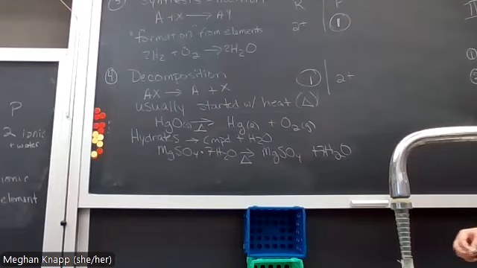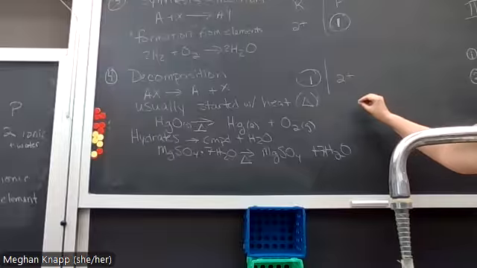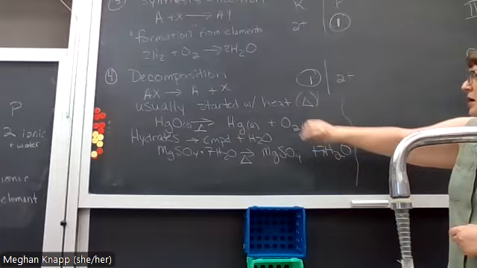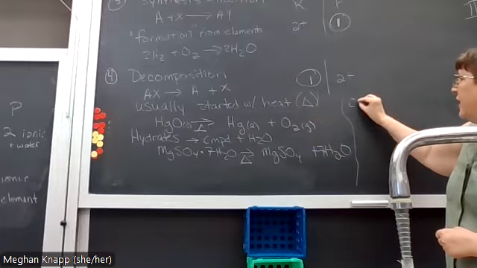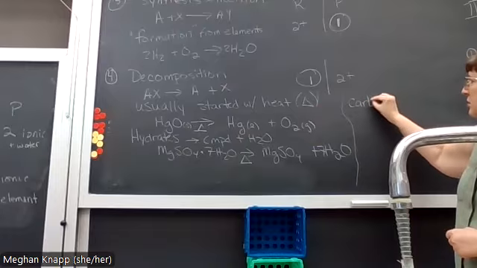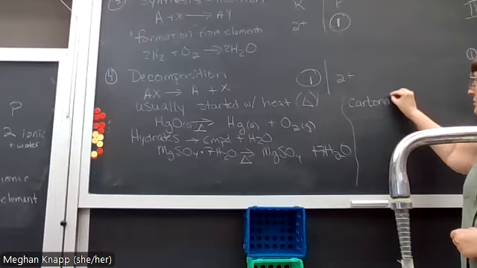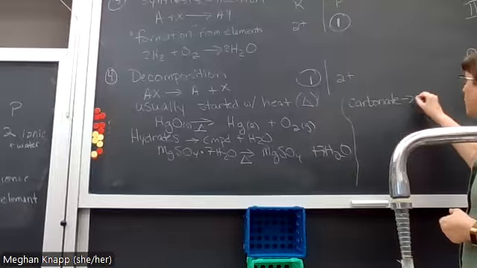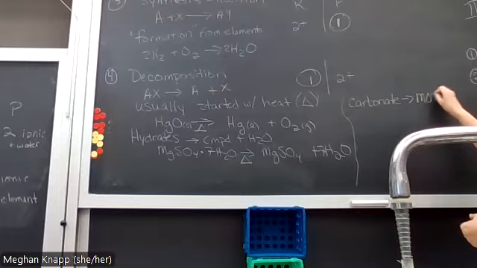Then the last one. This fits into the same category of decomposition: if you have a carbonate or a bicarbonate with hydrogen in front of it, it's going to decompose to form an oxide and CO2.